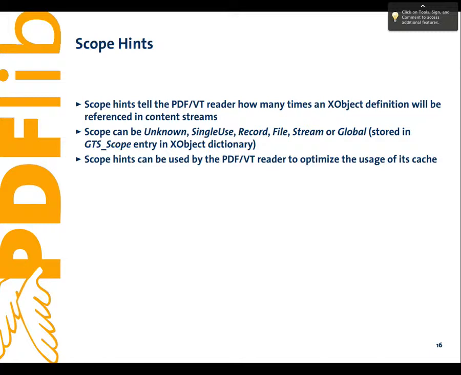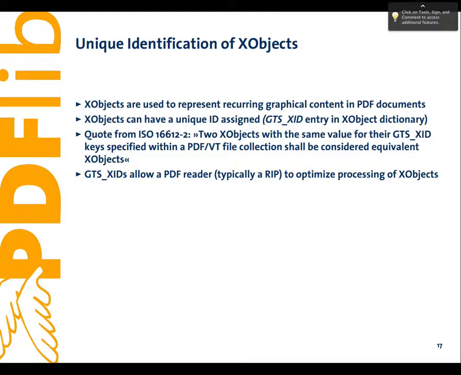On the other hand, if I have scope in file, then the PDF renderer knows it must keep a cached copy of the XObject until the end of the file, because it will very likely need it another time. If it would throw it away, it would have to render it again if it's used once more. So this allows optimization of the usage of the cache memory, and it allows the RIP to hold the objects in memory that will very likely be used once more.